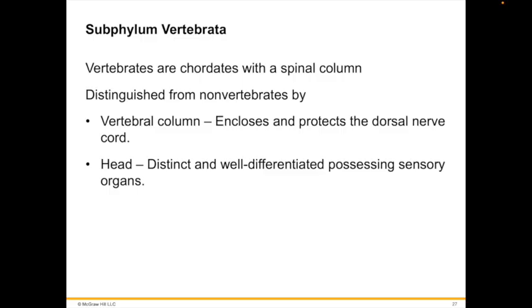Vertebrates have a distinct and well-differentiated head with three pairs of well-developed sensory organs. The brain is encased within a protective box, the skull, made of bone or cartilage. In addition to these two key characteristics, vertebrates differ from other chordates in other important respects.